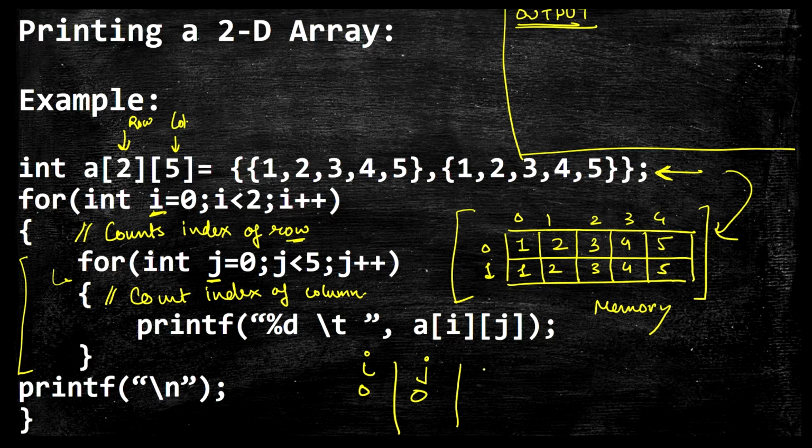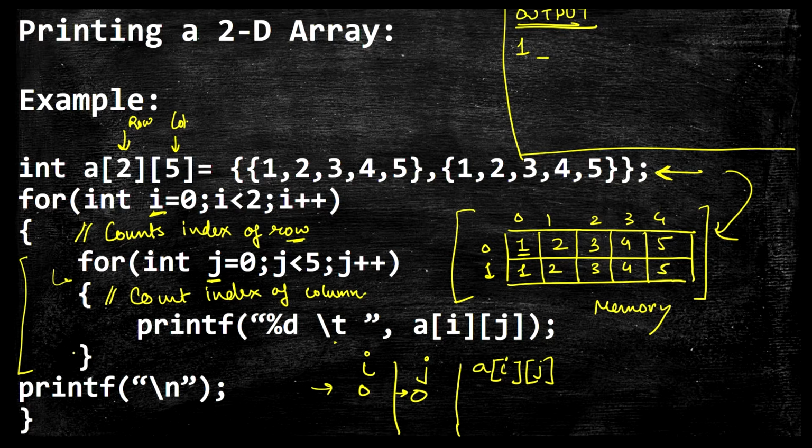Now what is a[i][j]? What is the 0th row, 0th column? We have a 1 over here. Let's print 1 on the output screen. After that we have a \t, that means 1 space. So we give 1 space.